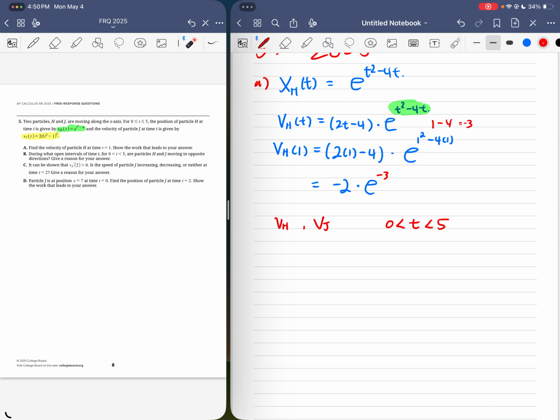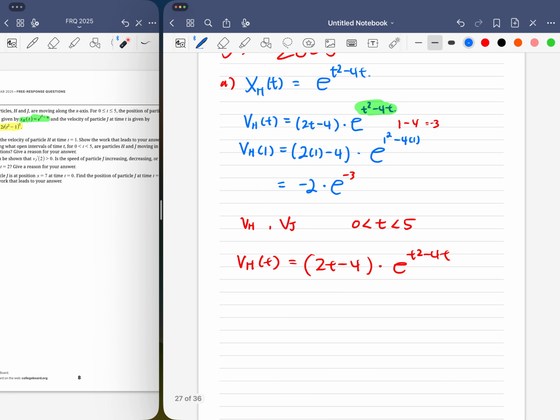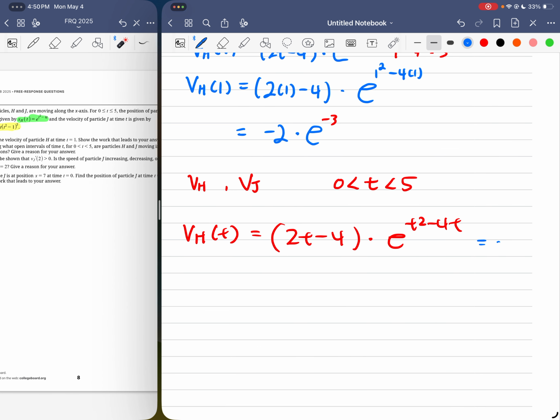So the velocity of H, which we already got here, is going to be 2t minus 4 times e to the t squared minus 4t. If you want to find where it is positive or negative, first you have to set that equal to 0. For the e term, you cannot get 0, because even if you have something like negative 999, it will simply become 1 over e to the 999, which is nothing but positive.